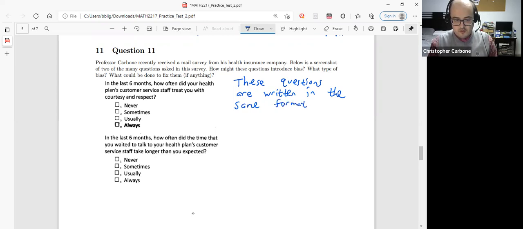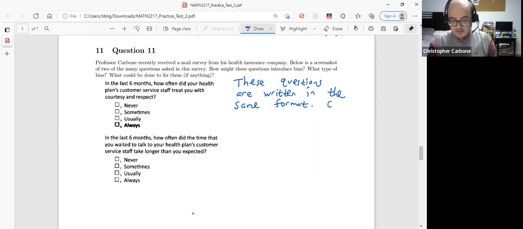Because of this, you could just simply choose, for example, sometimes on both of those without really reading it. And for that matter, the first part of each question is written in the exact same way.